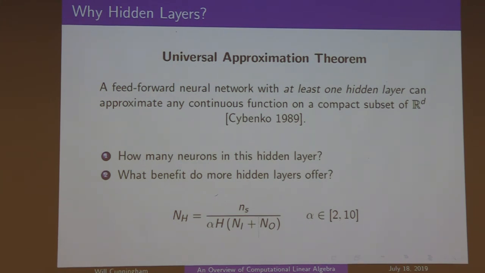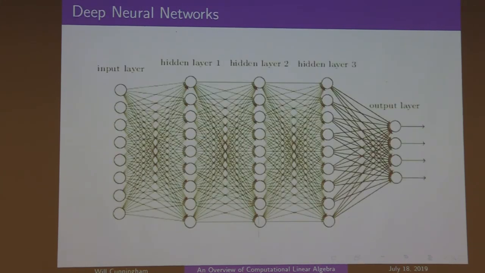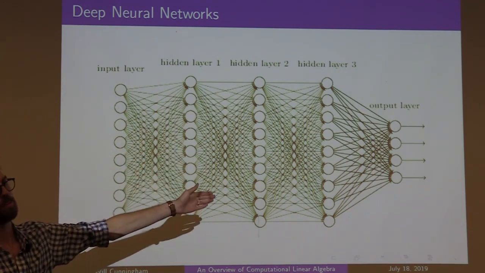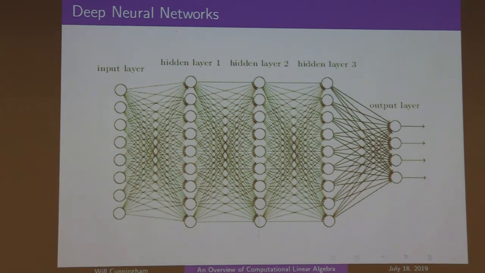So rather than having them all be the same size, as I show here, you might have 1,000 here, 800, 600, 100, something like that, to taper it off. And ultimately, this is for specific problems like classification. Deep learning and deep neural networks can be used for many, many things, and I want to emphasize that this is only for one application that I'm talking about.